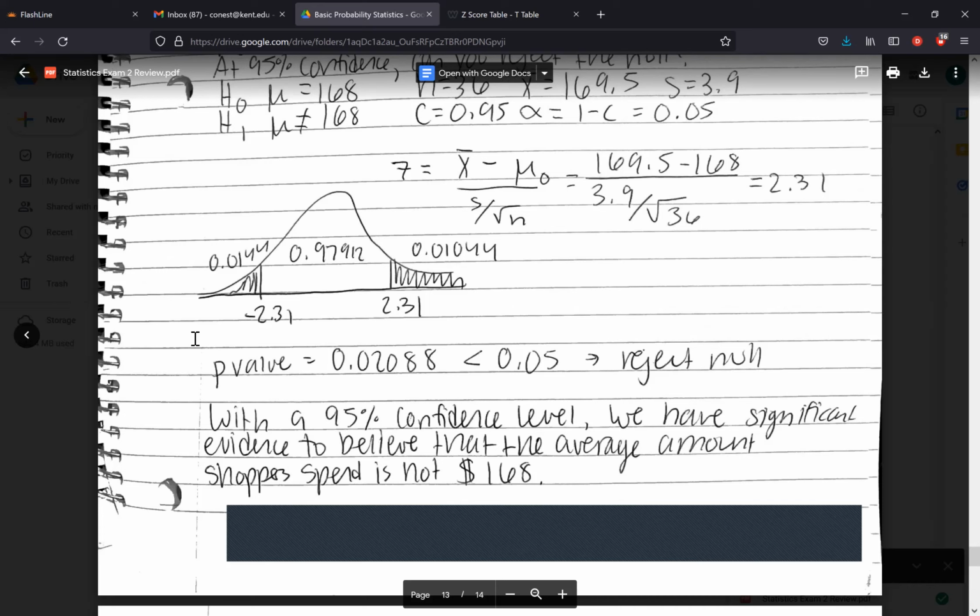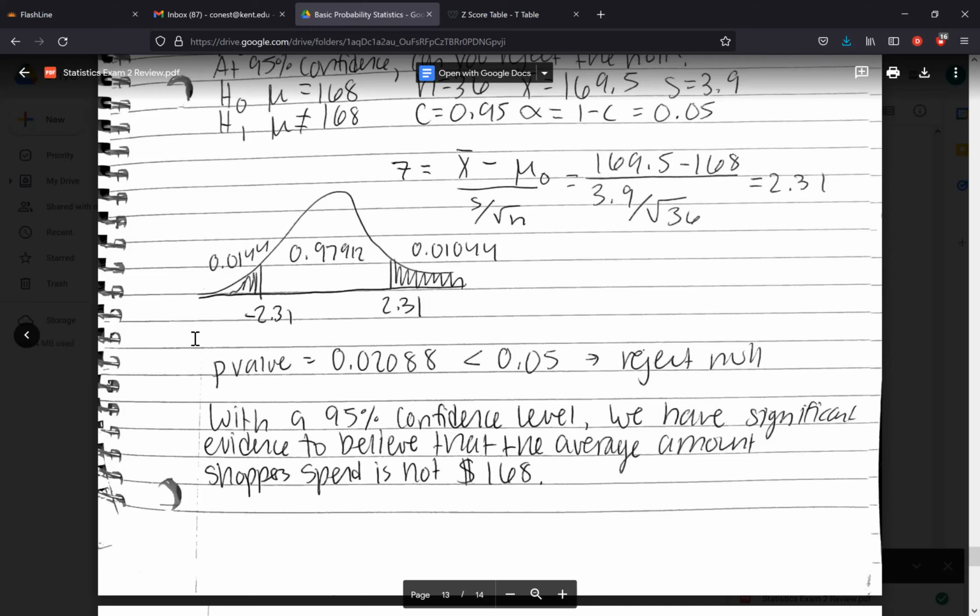You'll find that this corresponds to a probability of 0.0144, but because we are looking for a probability of the population mean not being 168, then we're looking for it being lower and higher.